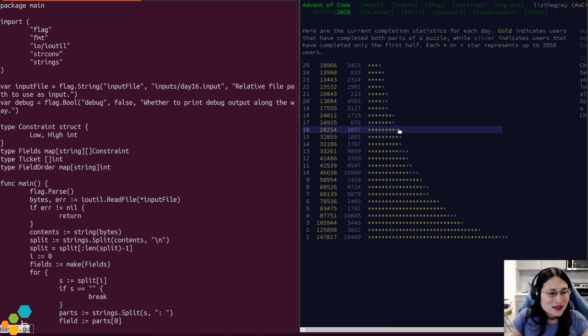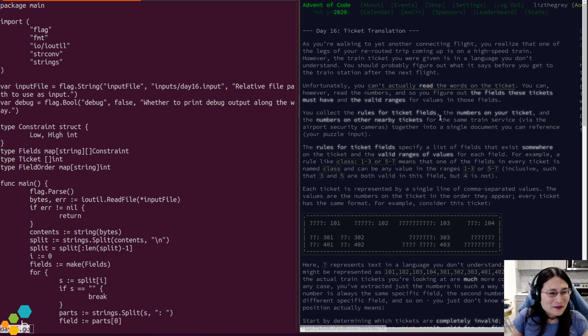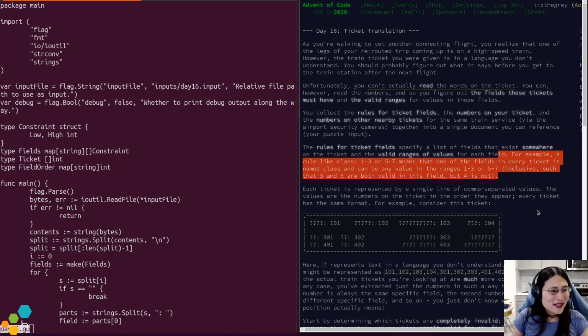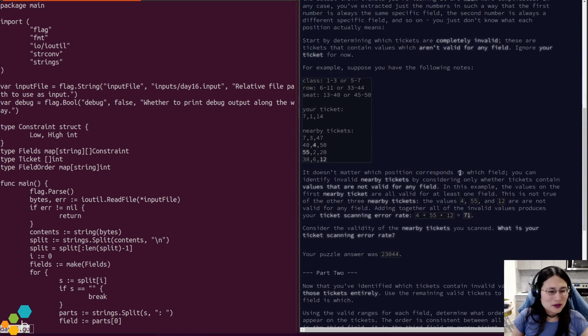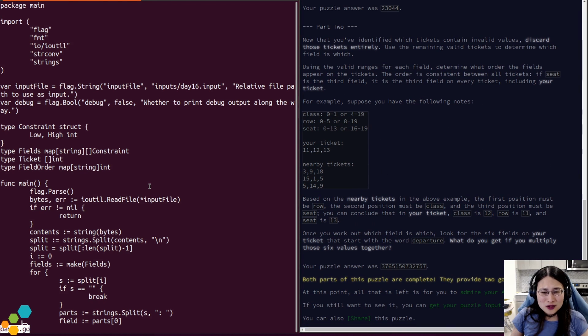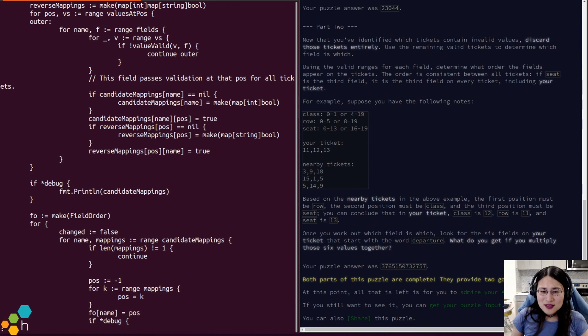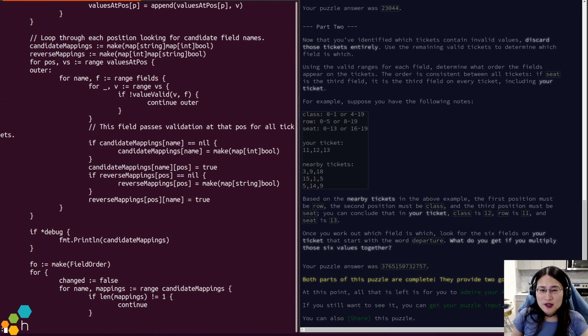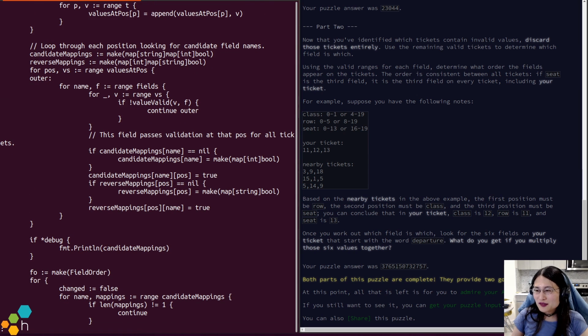Okay. Day number 16. So here you are asked to find n known values. It was a constraint solving problem. You were asked essentially, given a list of fields that were ambiguous, but one of which was fixed for sure.